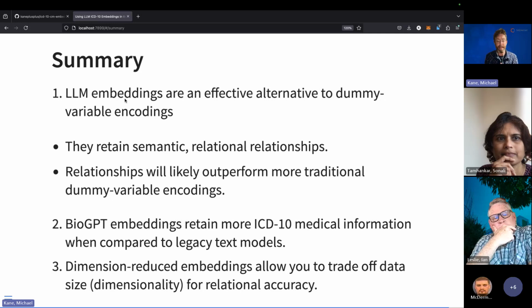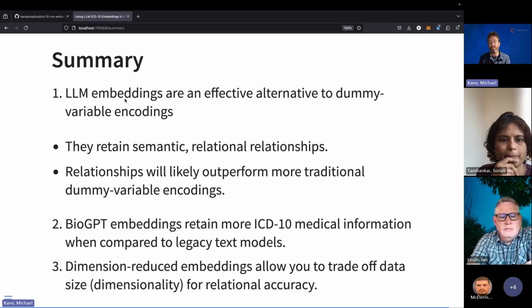The embeddings probably retain more predictive information when compared to the legacy text models, and also the dimension reduced embeddings. You can basically trade off the size or the dimensionality for this relational accuracy between the different categories.